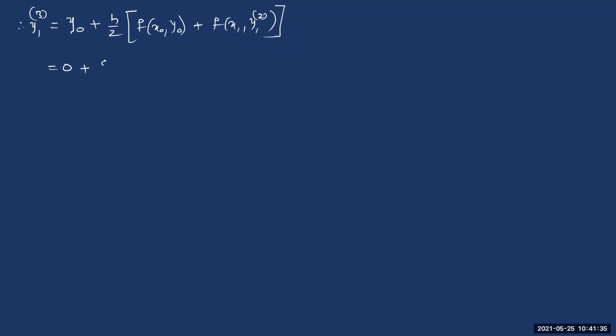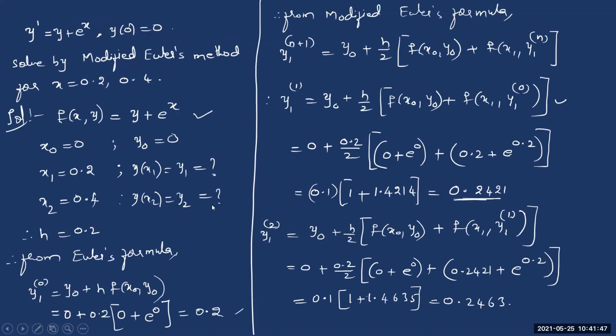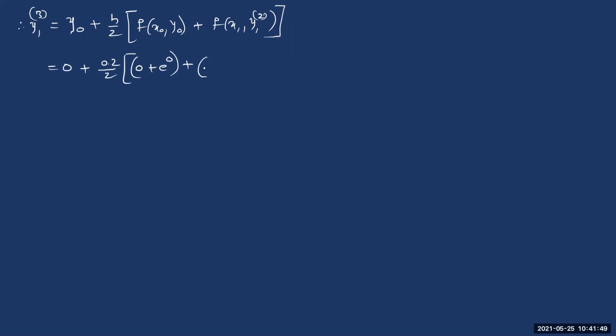Y naught is 0 and h is 0.2 by 2, plus x naught, y naught means still they are zeros only. So 0 plus e to the power of 0 plus, now this time y1 second approximation. You see how much you got? It is 0.2463. So I'm just writing that, 0.2463 plus f of x1 is e to the power of 0.2.